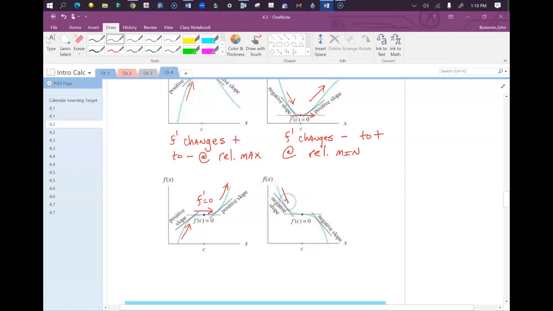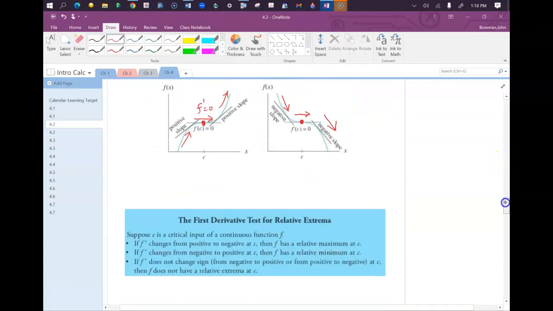Similarly, in the next graph to the right, f prime is negative, then f prime is 0, then f prime is negative again. So f prime is 0 at that location, but f prime does not change sign. It goes to 0 and then goes back up above 0, or goes to 0 and then goes back down below 0.